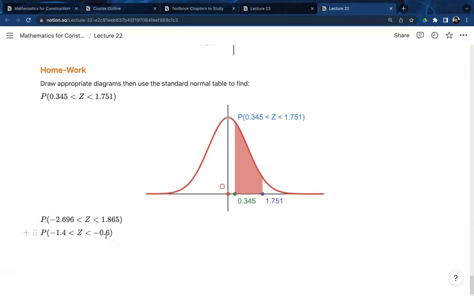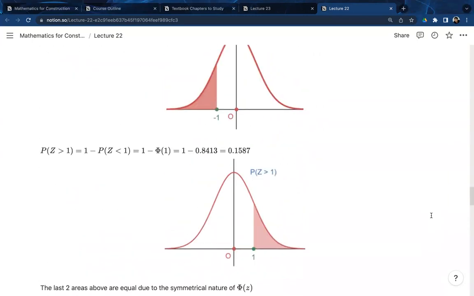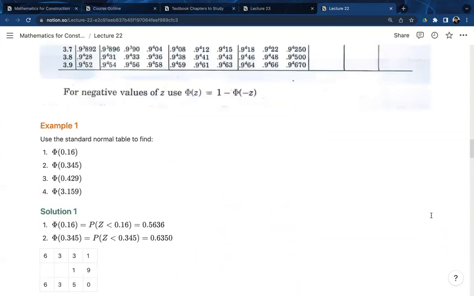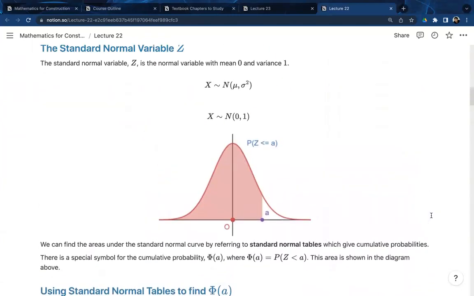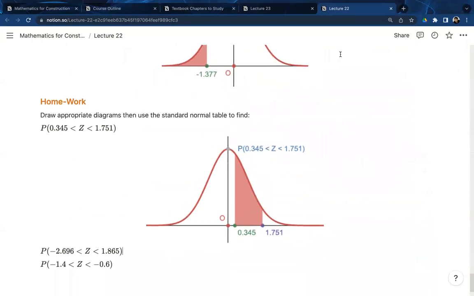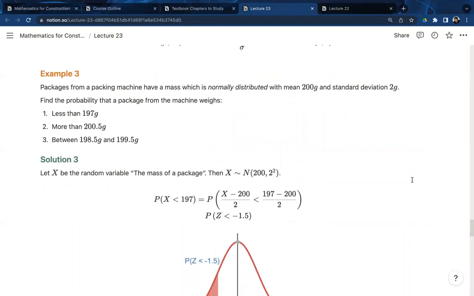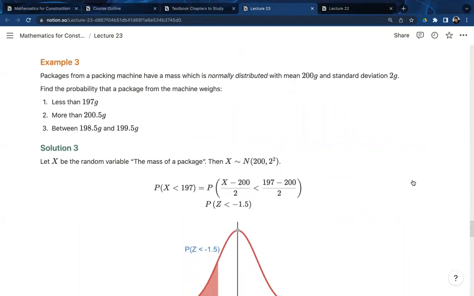And this one down here, the probability between two negative values. It's called a band. The probability within a band is not very hard to find. That's what I wanted you all to do for homework, to figure out how. So we'll do an example here in this related question so you can see how it's done. But try it for now. What's the probability between 198.5 and 199.5?